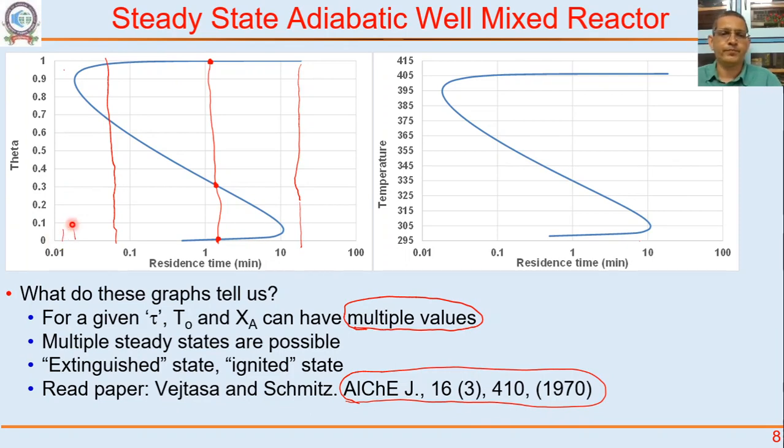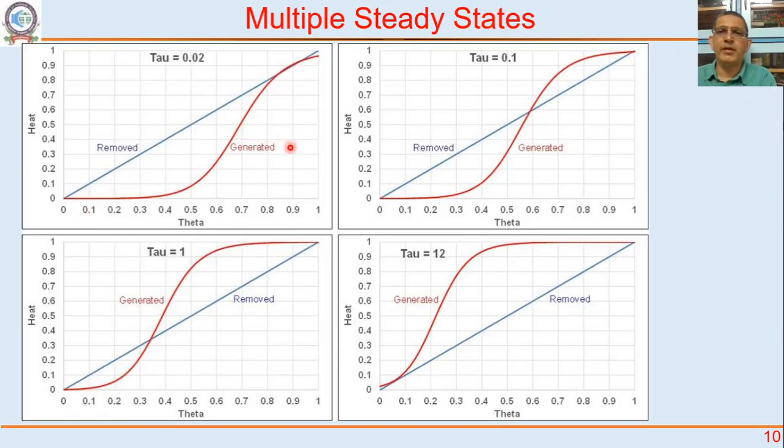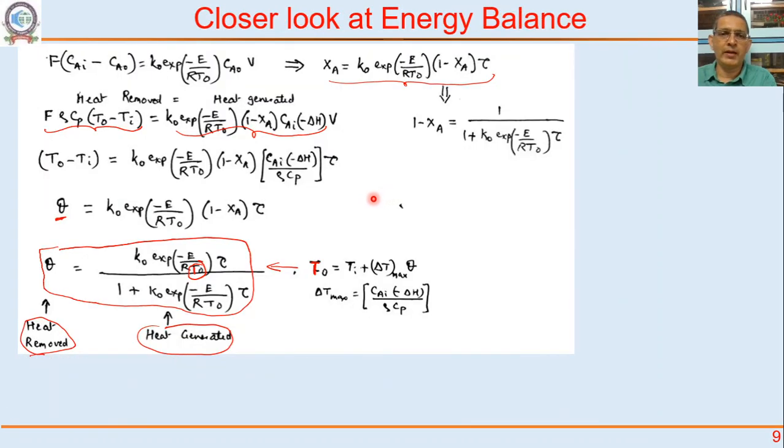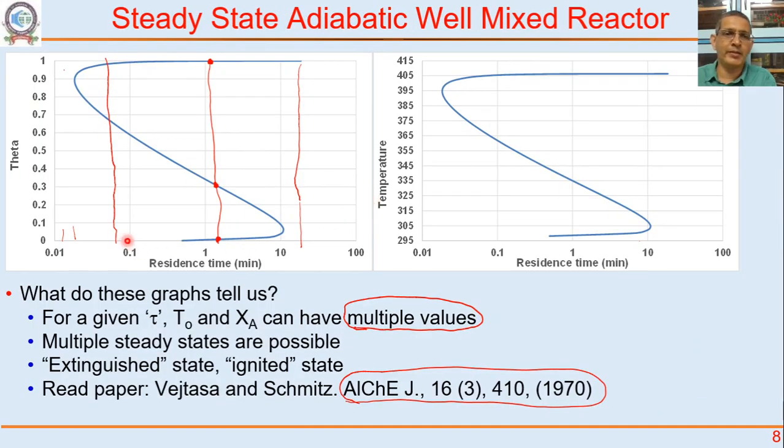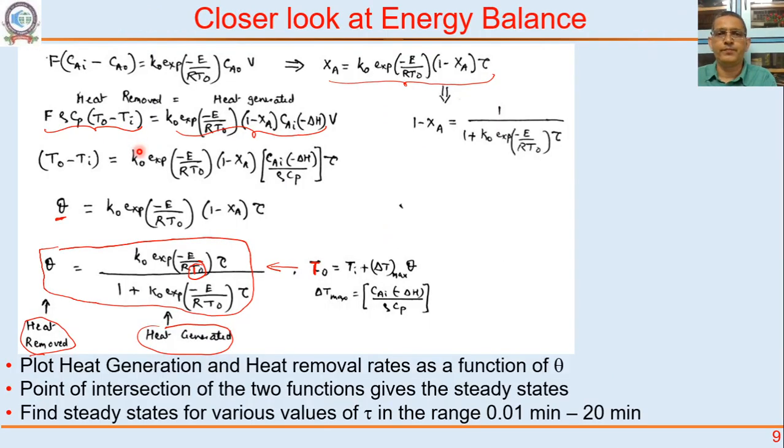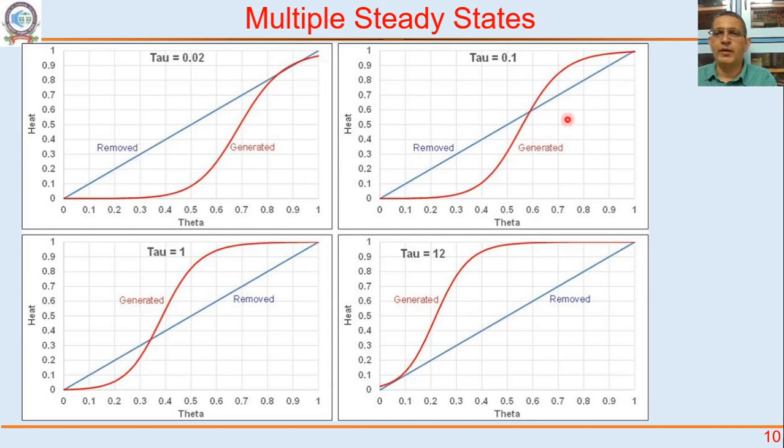Let's go forward. Somewhere here, if tau is say 0.1 or 1, it intersects at 3 points. Tau equal to 0.1, let's look at that. It intersects at practically 0, around theta equal to 0.6, and close to 0.98 or 0.99.